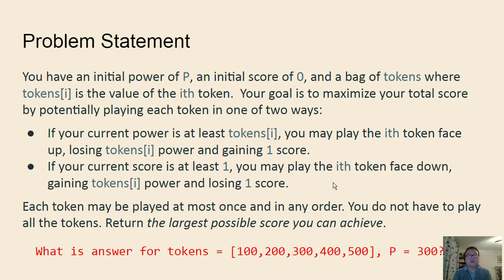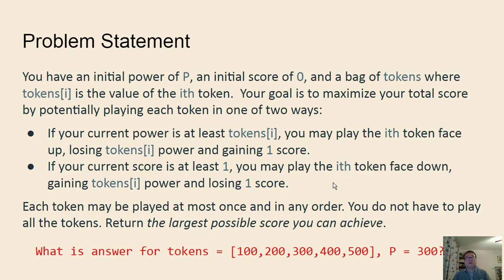First, we can play a token face up, but the requirement is that our current power has to be at least the value of the token. By playing this token face up, we lose that amount of power, but we gain one score.